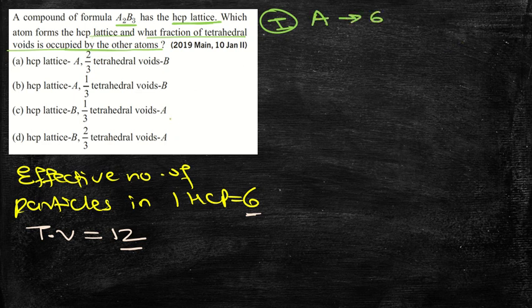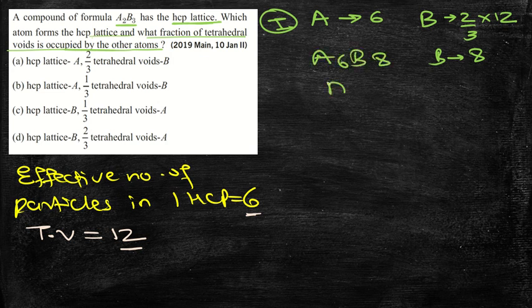And 2/3 of the tetrahedral voids are occupied by B. There are 12 in all, so that gives you 8. So the formula for this compound in the first option should become A6B8, which basically means A3B4. Is that the formula we are looking for? The answer is no. So the first option is wrong.